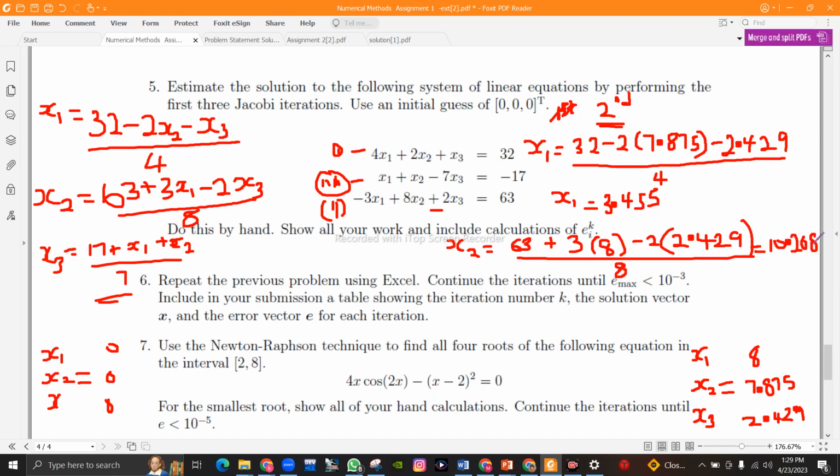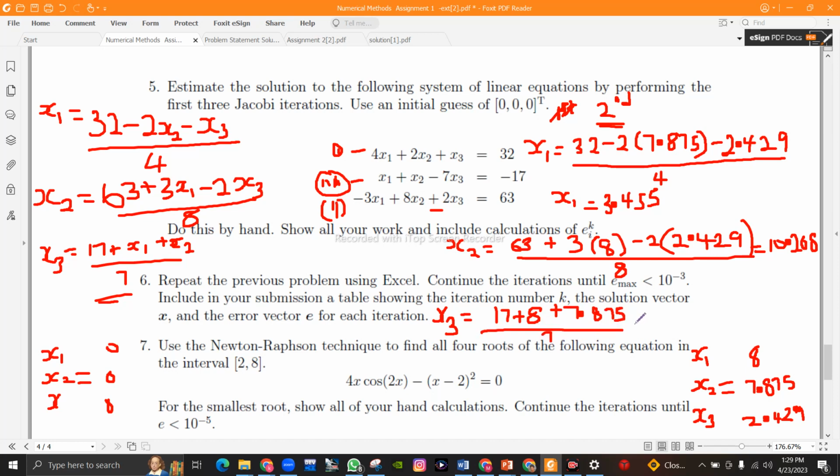With the same procedure, we can calculate our x3. x3 is 17 plus x1, that's 17 plus 8, plus x2, which is 7.875, divided by 7.